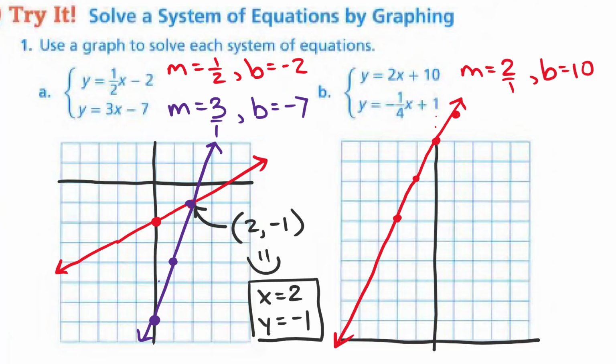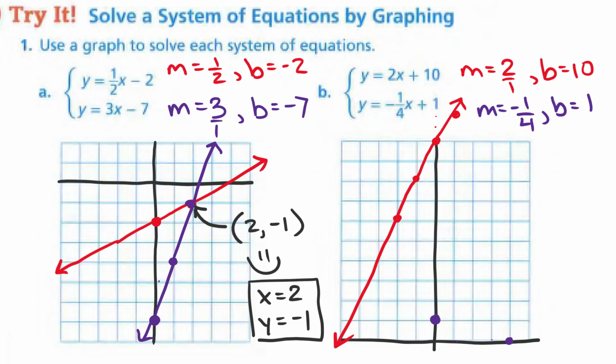I do my best. And then my second line will have a slope of -1 over 4, and the intercept is 1. So I start at +1, and then with my slope, I'll go down 1 and to the right 4. Now I want to see where this hits my graph, so I'm going to go the other way as well.